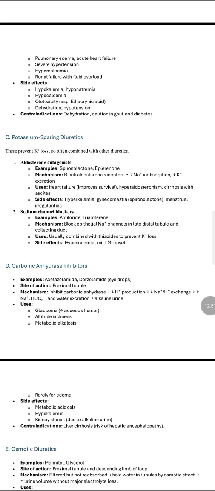Okay, so what is the mechanism? You've seen this one is going to block aldosterone receptors and block reabsorption of sodium. Remember that aldosterone is important for absorption of sodium. Okay, and where sodium is, remember, water follows.